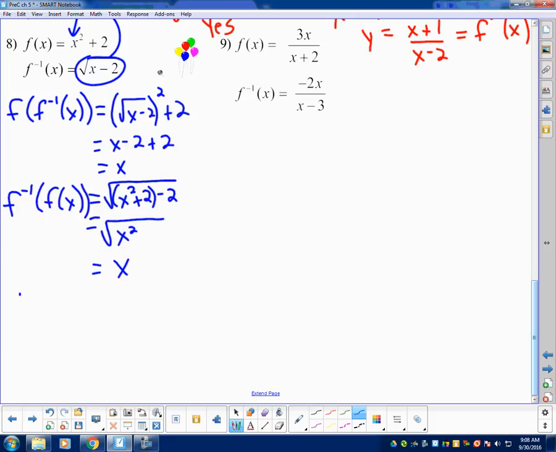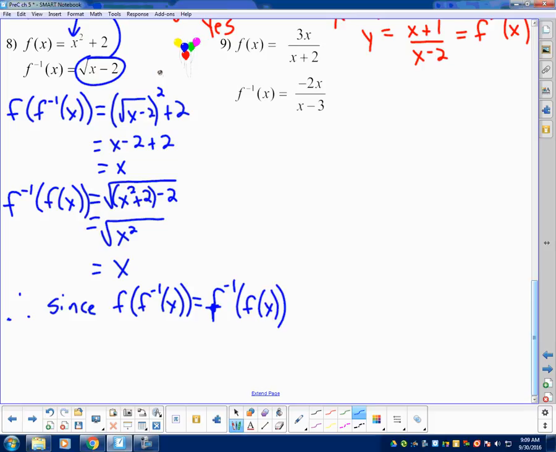And then we're going to say, therefore, with our 3 dots, since f of f inverse of x equals f inverse of f of x, which equals x, therefore, since they all equal x, the functions are inverses. Now, I need to talk about this for a minute.